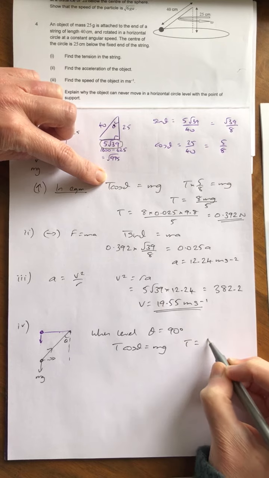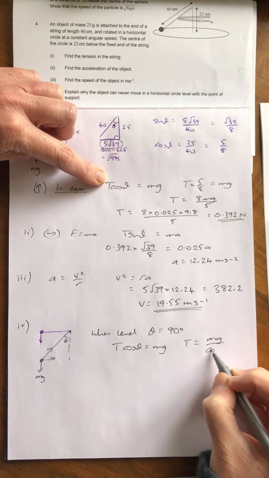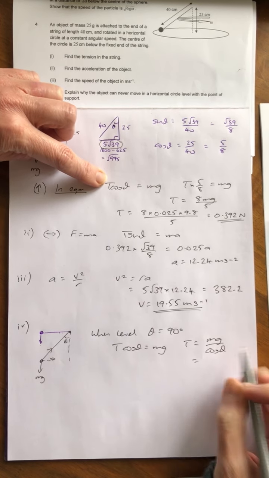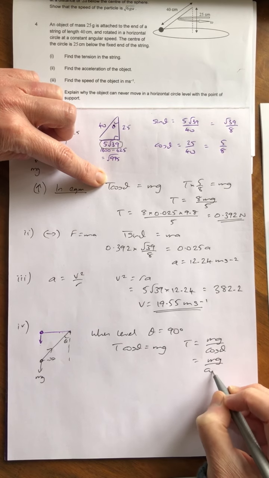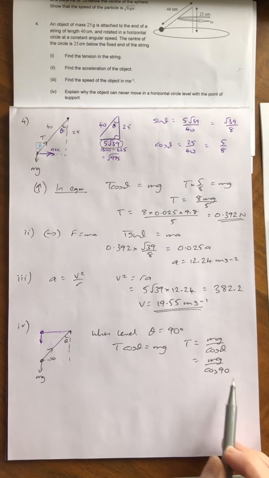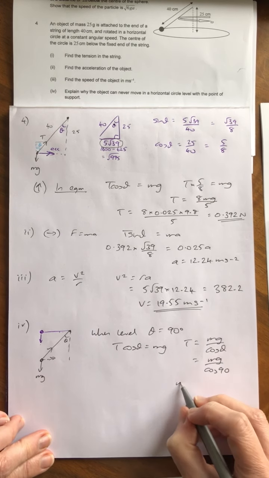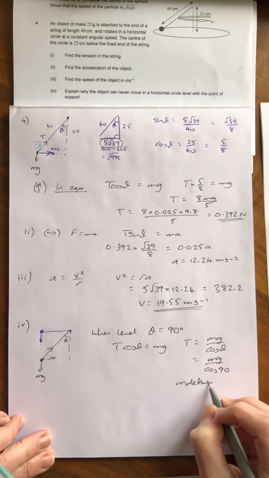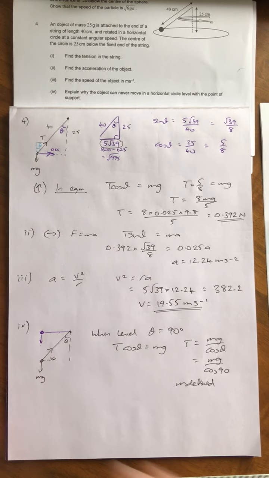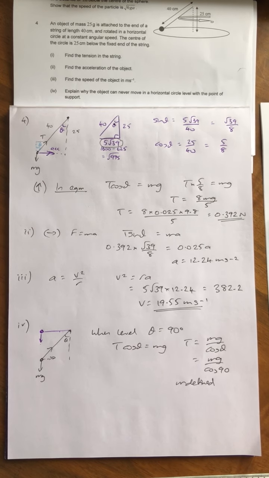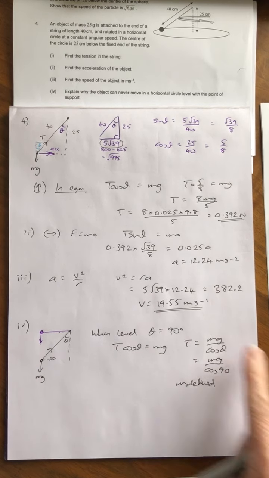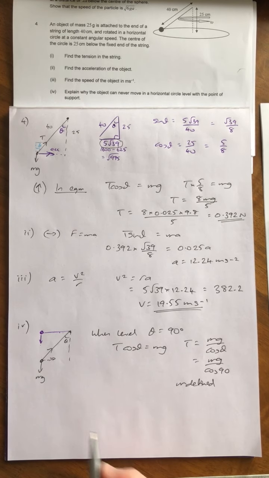So in other words, T is mg over cos theta. If you put 90 in there, cos 90 is 0. mg divided by 0 is undefined. So, of course, that can't exist. Whenever you have something undefined, it means that there's something not right about it. That would get you the marks looking at it purely mathematically.